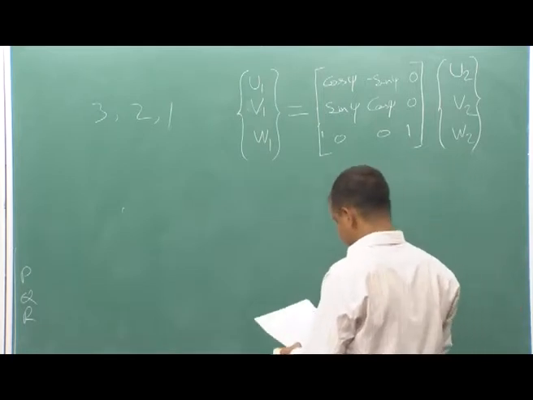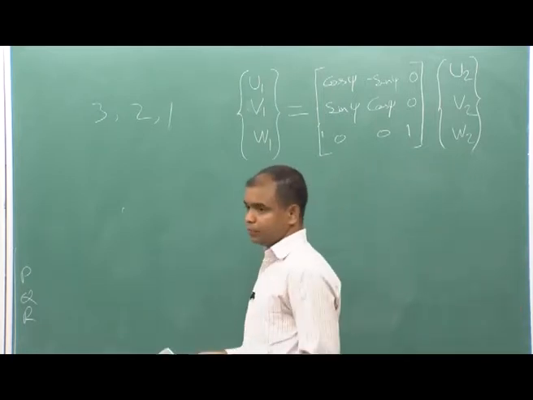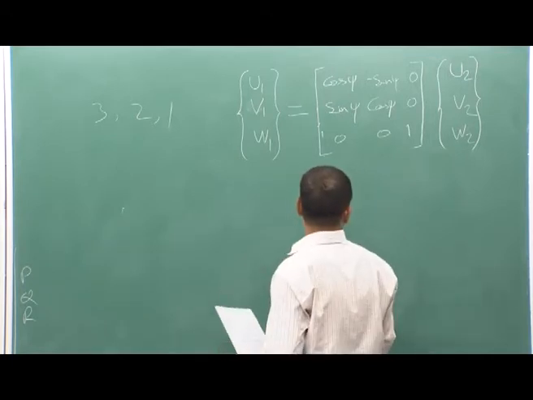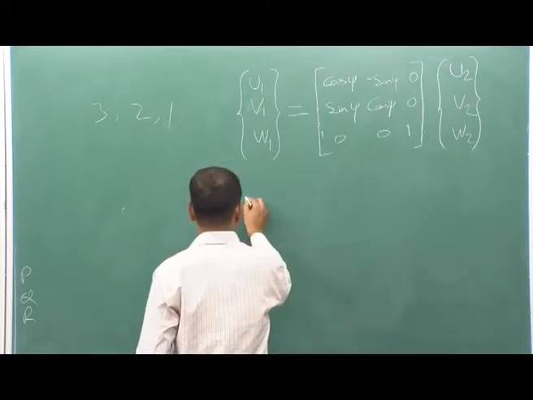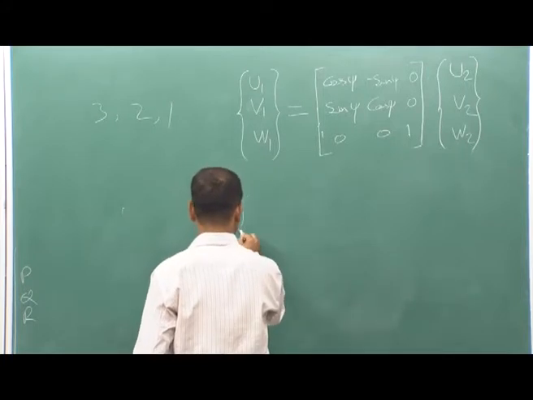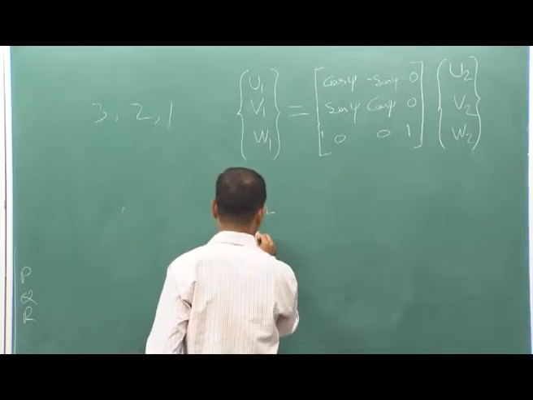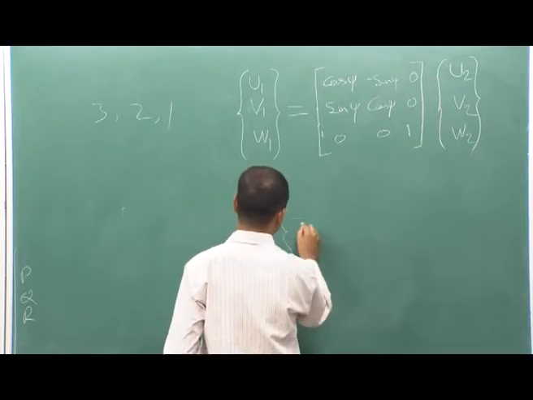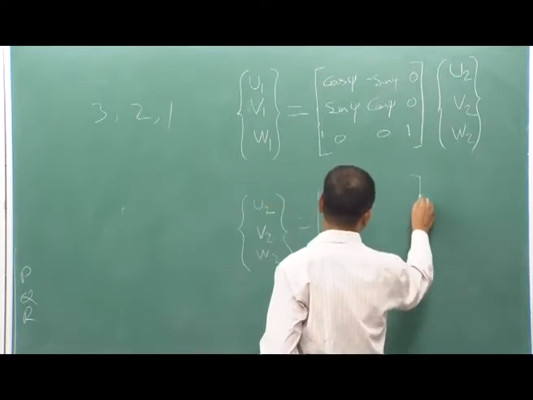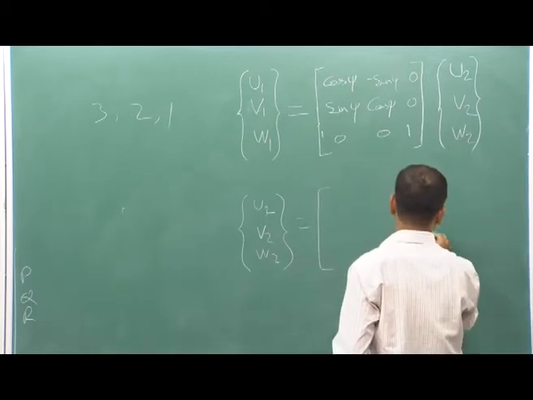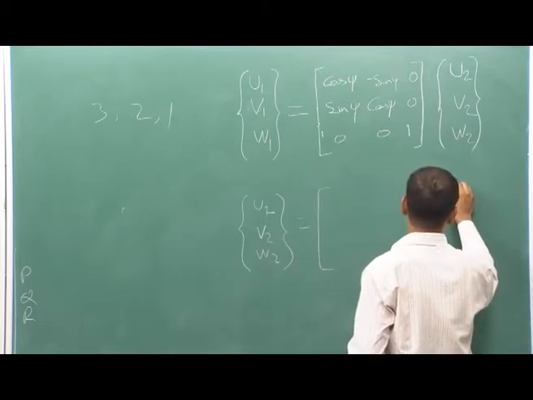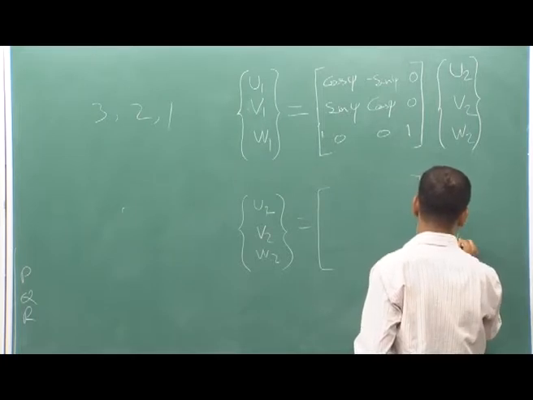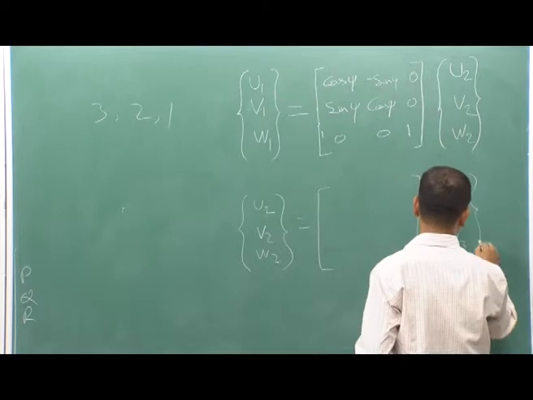And the second rotation, we rotate about the new y axis, and using that rotation you can get u3, v3 and w3 from u2, v2, w2.